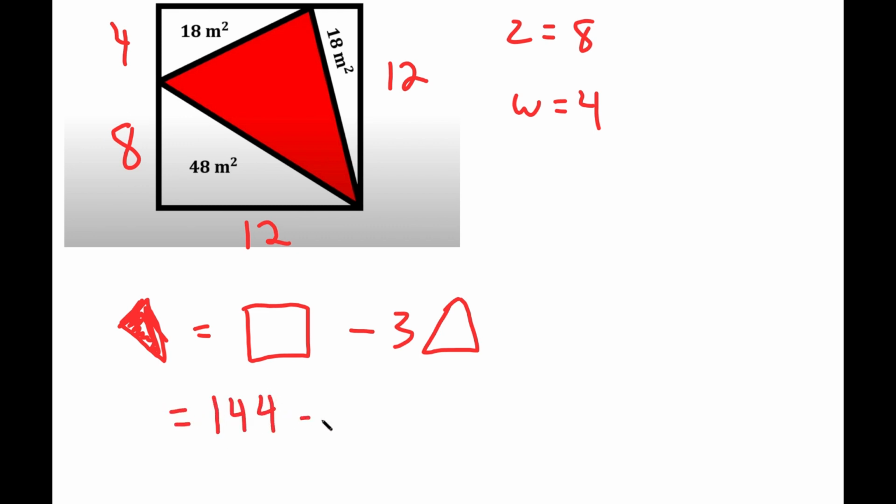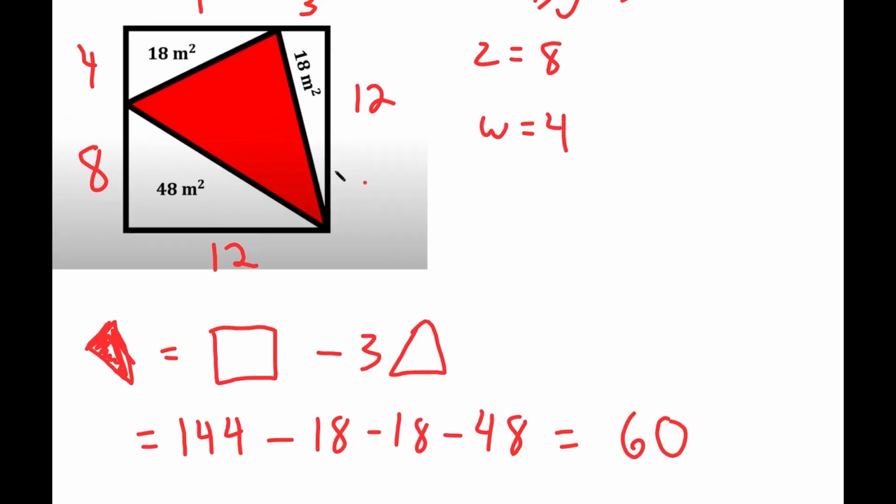And I get this minus the total area of these three white triangles, which is 18 minus 18 minus 48. This all comes out to 144 minus 36 minus 48, which is 144 minus 84, which is 60. So the area of my red triangle is 60 meters squared.